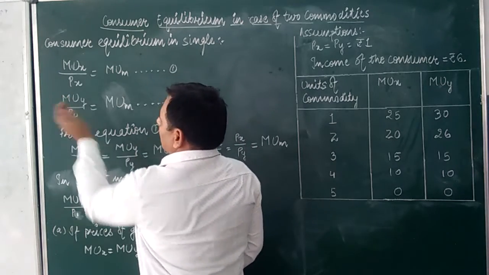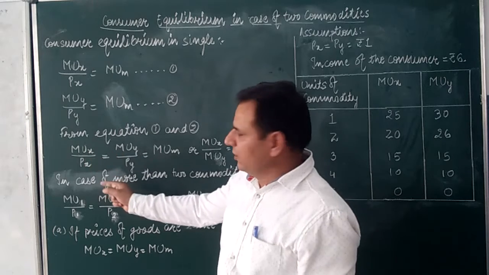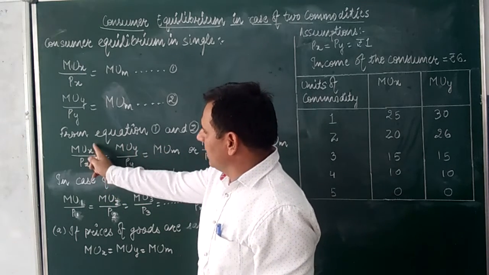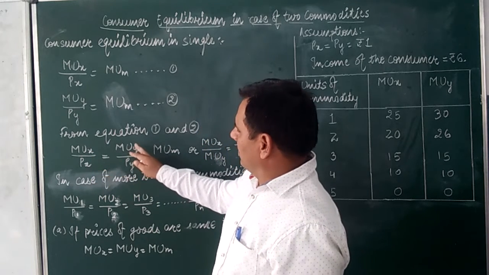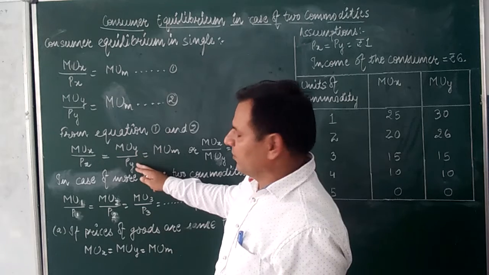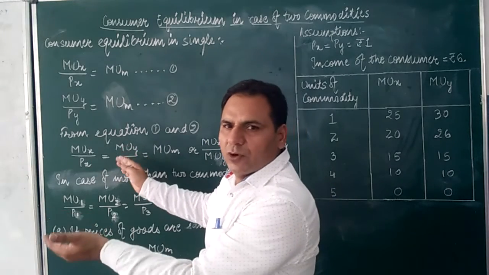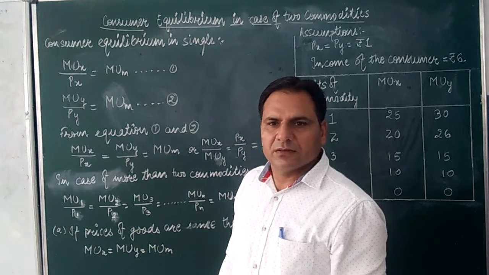It means these both are equal to each other. So the consumer will be in equilibrium in the case of two commodities when marginal utility of x upon price of x and marginal utility of y upon price of y are equal to each other and both are equal to marginal utility of money as well.